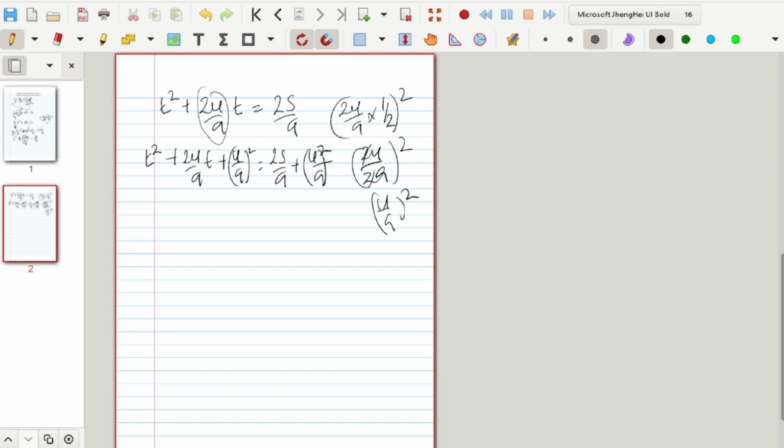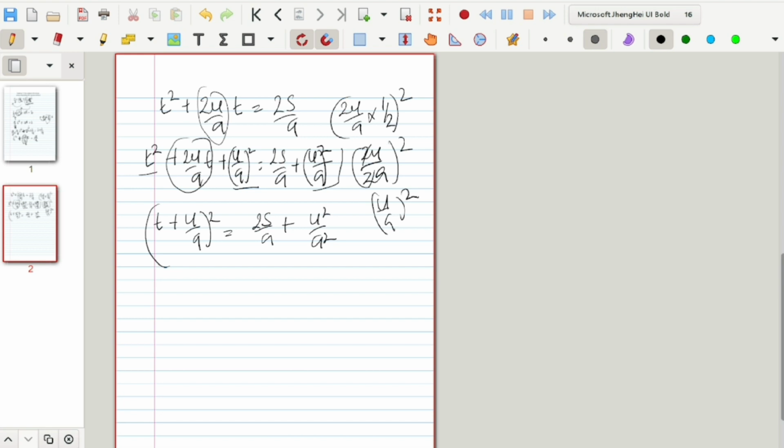Now on this side, you get rid of this by joining these two together. So it will be t plus u over a all squared equals 2s over a plus, you can open this bracket, u squared over a squared.